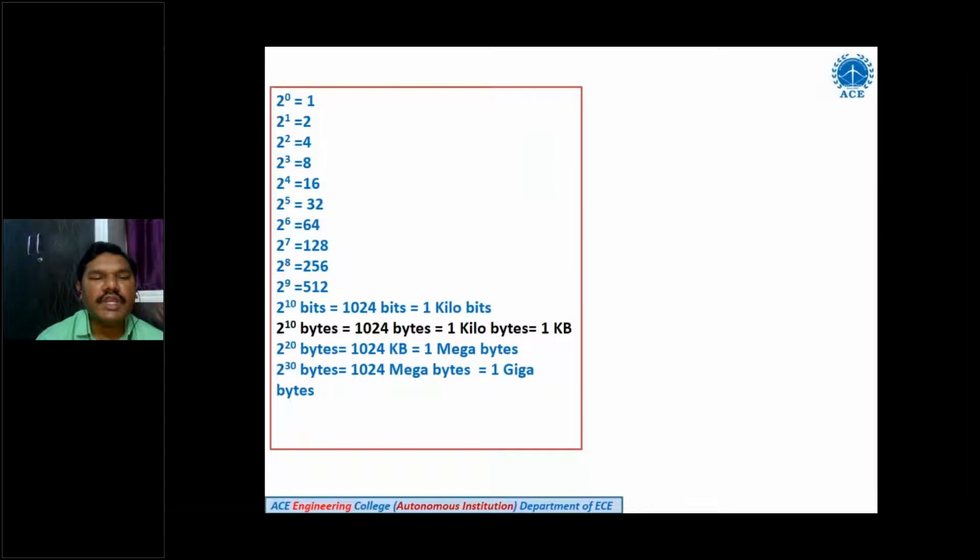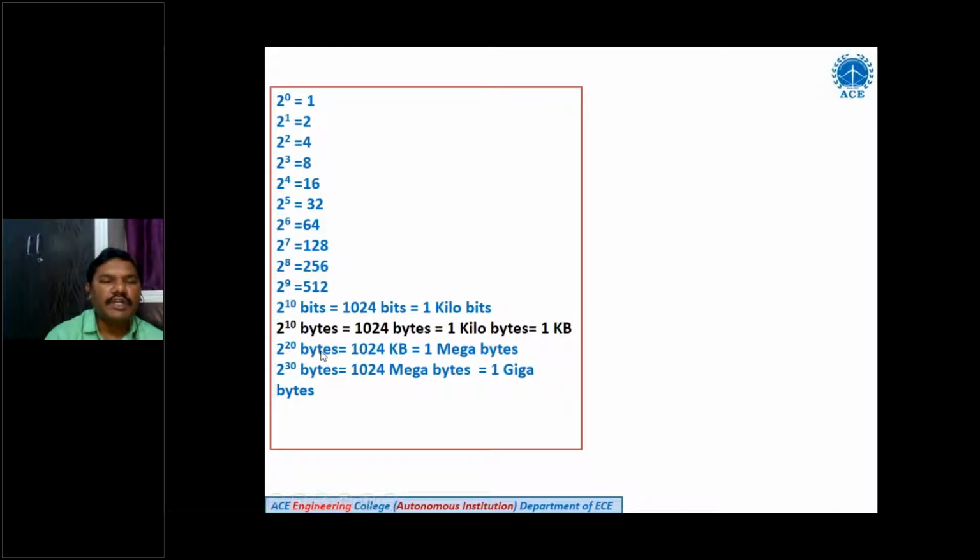So here, how to calculate those values? Here I have given simple powers of 2. 2 power 0 equals 1, 2 power 1 equals 2, 2 power 2 equals 4, 2 power 3 equals 8, 2 power 4 equals 16, 2 power 5 is 32, 2 power 10 is 1024 bits or 1 kilobit. 2 power 10 bytes equals 1024 bytes, which is called 1 KB.